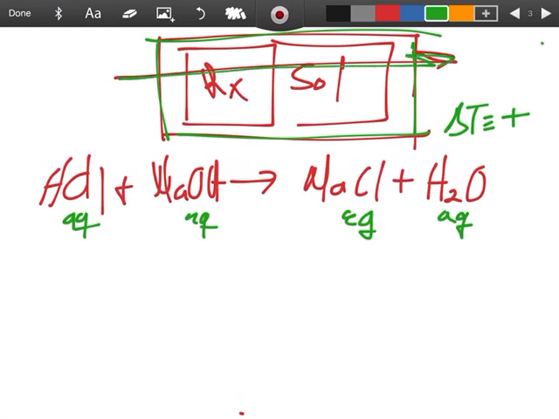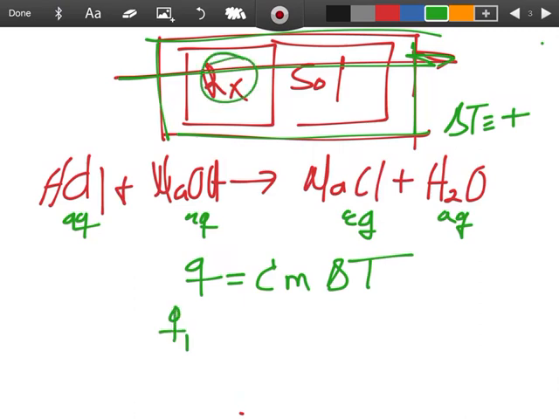How are we going to measure that? Well, very simple. We need to remember our definition of heat. And the heat is going to be the same as what? As the specific heat of whatever you want to study times the mass of what you want to study times the change of temperature. So let's start to model what we want. We want to model the heat of what? Of our reaction. So I type down heat of the reaction. If that is true, then what I need is the specific heat of what? Of the reaction times the mass of what?